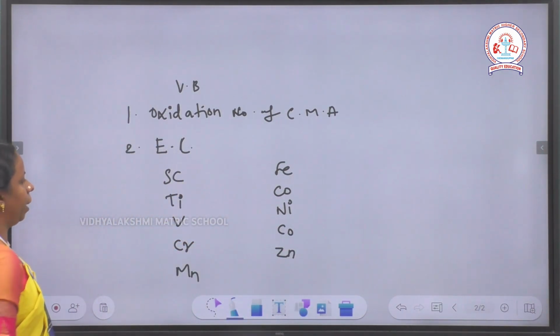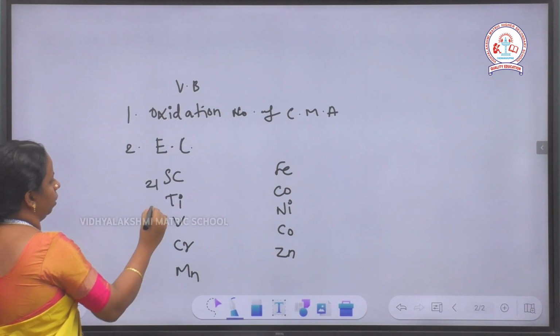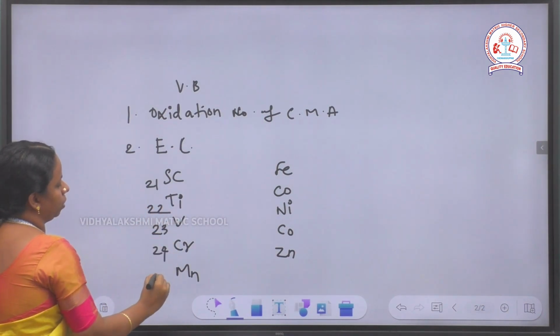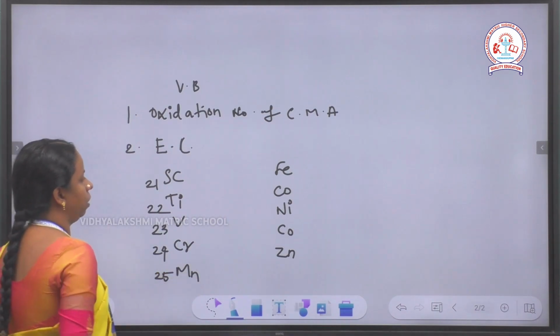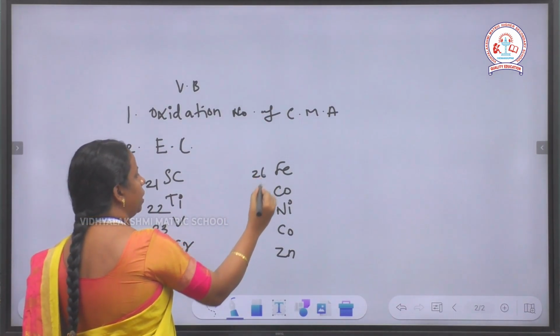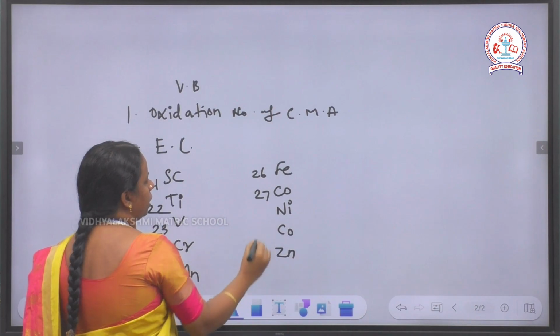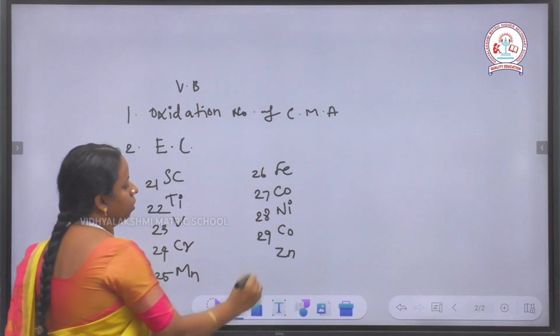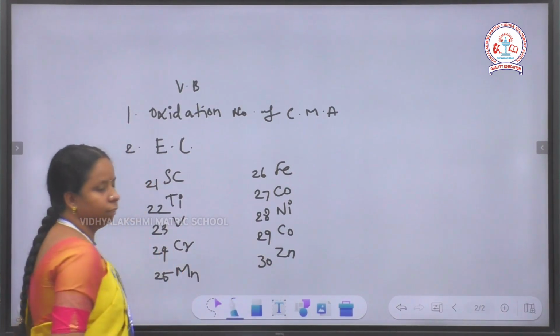The atomic number of scandium is 21, titanium 22, vanadium 23, chromium 24, manganese 25, iron 26, cobalt 27, nickel 28, copper 29 and zinc 30.